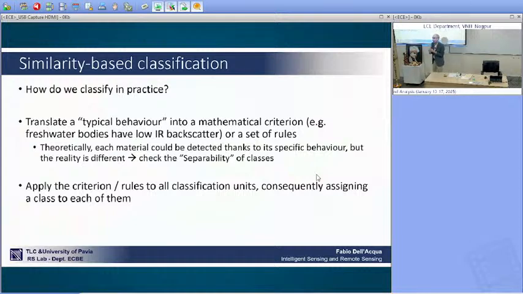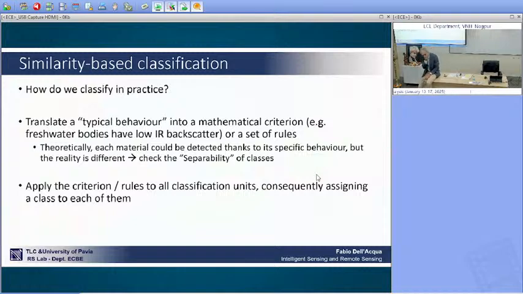Here, it's not written on the slide, but I am anticipating it. This is where we see the so-called spectral classes. The spectral classes are the locks that I test with the unknown key to try and attribute a class to that sample, to that classification unit. Does that make sense?